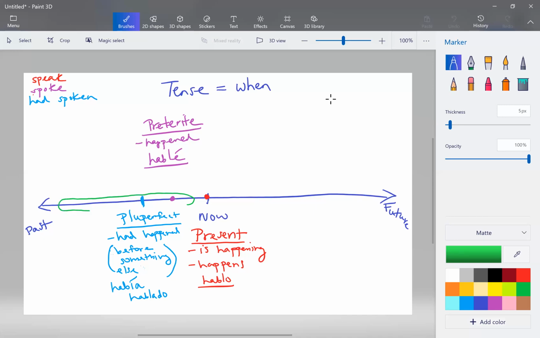So the imperfect could really have happened anytime in the past. We don't know specifically when it happened. That's part of what the imperfect tense tells you. So imperfect, maybe I shouldn't put that there. Does that mean happened? What does that mean?